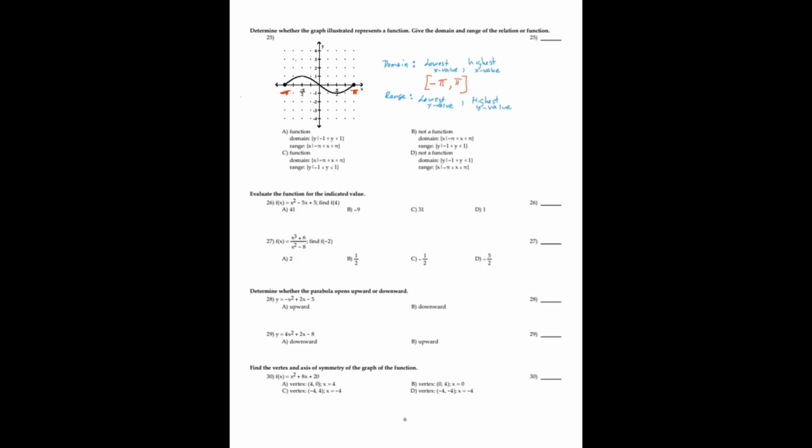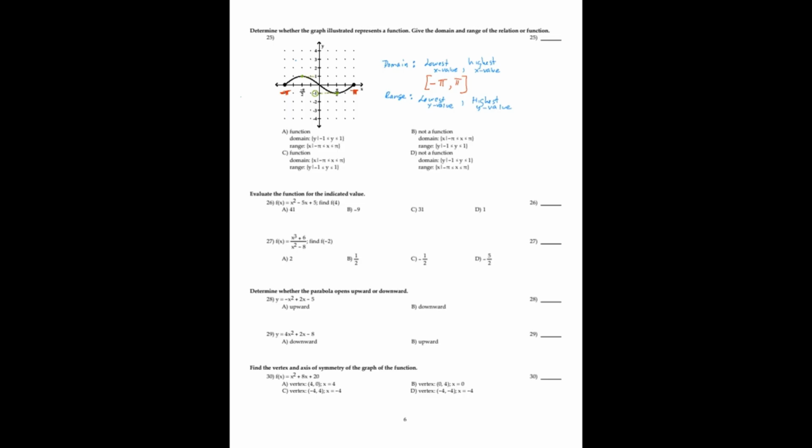The y corresponding to this point. And the y corresponding to that point is minus 1, right? And what is the highest y value? The highest y value is the y corresponding to this point. And what is that y value?